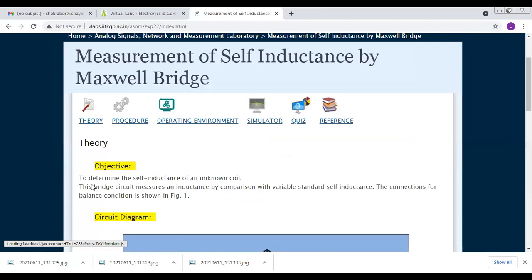Now here is the theory: to determine the self inductance of an unknown coil, we can use this Maxwell bridge. This bridge circuit measures an inductance by comparing it with a variable standard self inductance. The connection for the balance condition is shown in the figure.